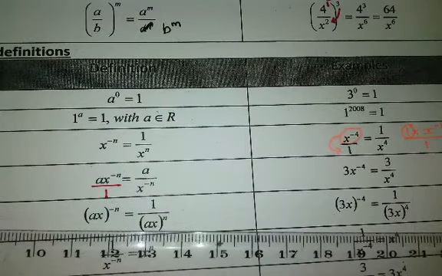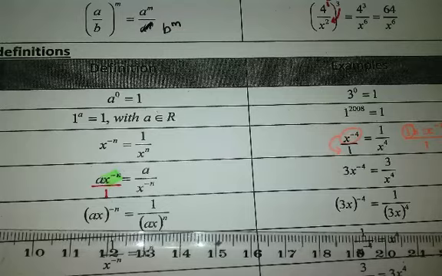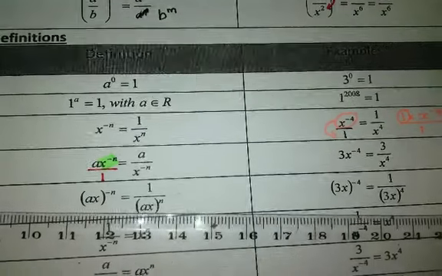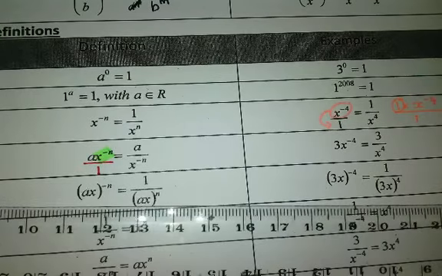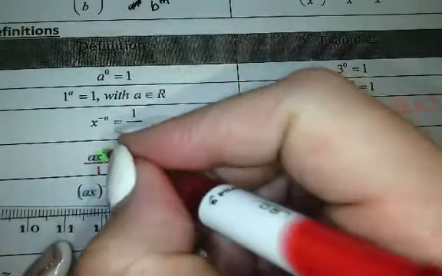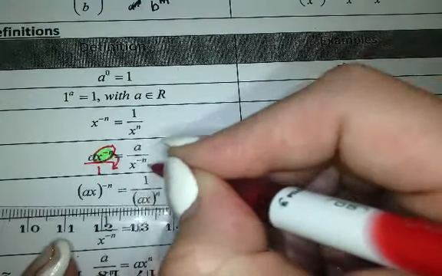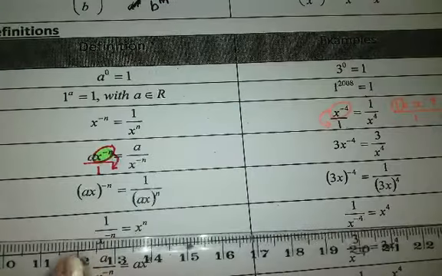The only thing that's going to move is x, x to the power of negative n. A stays where it is. So A stays on top, but just this x to the power of negative n moves down to the bottom, and that's how we get to that. Understand?